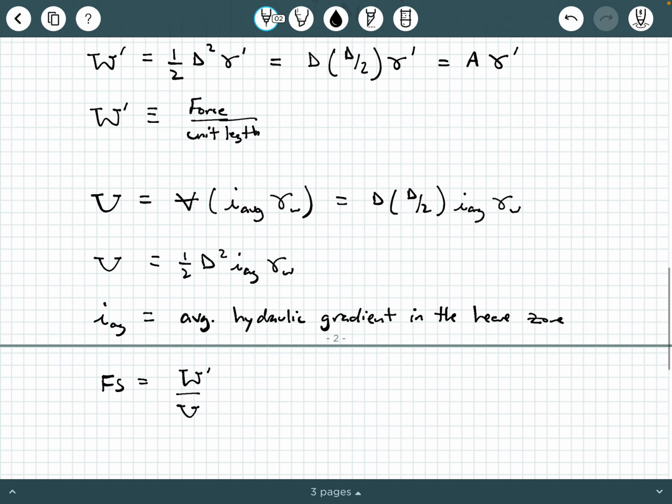All right, how does this all substitute together? Well, again, it's going to be 0.5 or 1/2 D squared gamma prime, all divided by 0.5 D squared I average gamma water. All right, so we see some things cancel here, and we're left with this term gamma prime over I average gamma water.